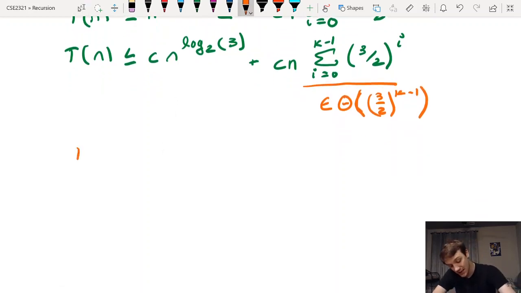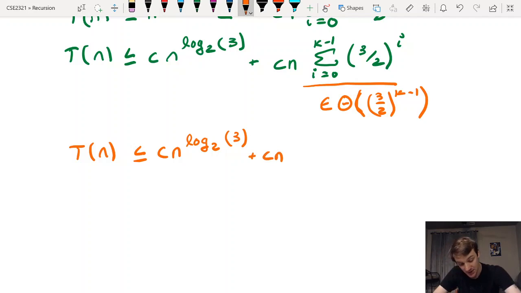Using that fact, we have T of n less than or equal to cn to the log base 2 of 3 plus cn times theta of 3 over 2 to the k, which is log base 2 of n minus 1.